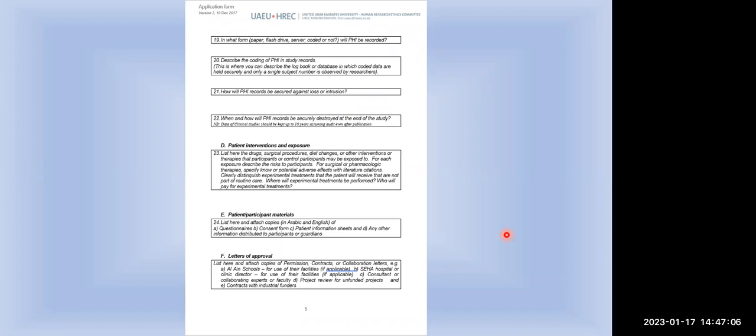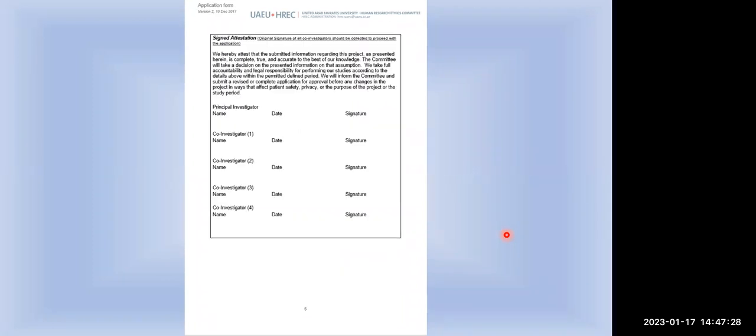You need to get approval for doing that research on students in that school. So these are all required in order to get ethical approval from the Human Ethics Committee if your subject is related to this committee.